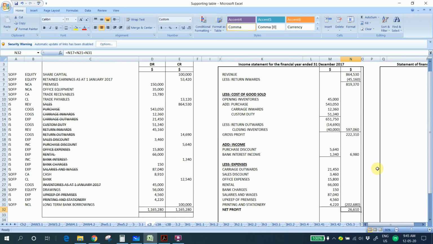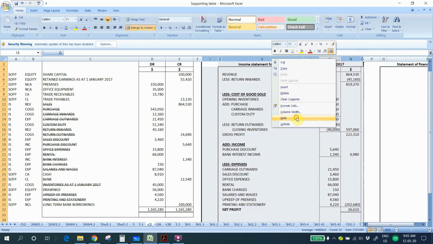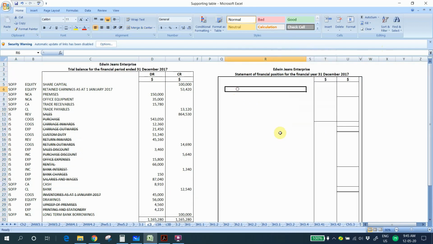Alright, the next section we are going to do is the statement of financial position. So let's hide this first. Okay, for the statement of financial position, the first item will be assets and non-current assets. So what are the non-current assets for the company? We have premises, we have office equipment.